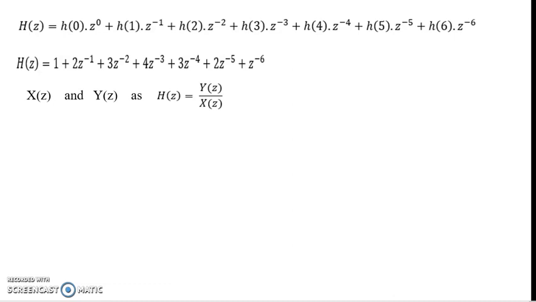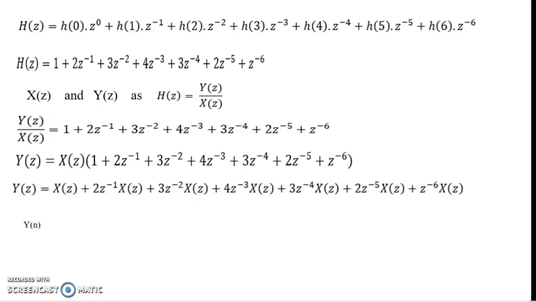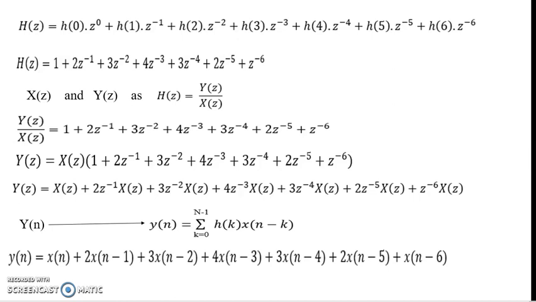Here we can write the equation like this. Now we need to perform the inverse Z transform to get y of n following the inverse Z transform formula. Here's the inverse Z transform of Y of z. Okay, now we are almost done with this question.